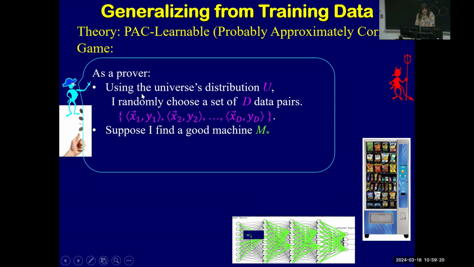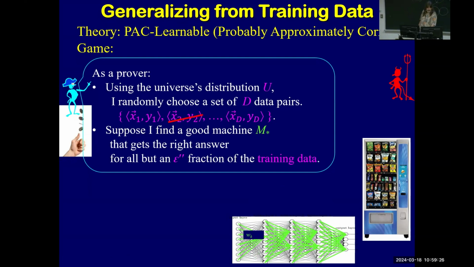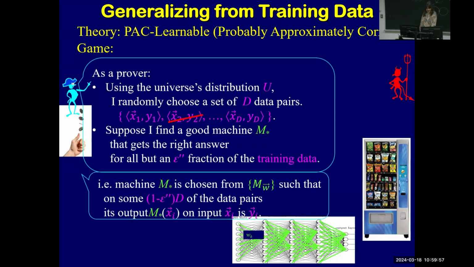So the oracle here is assuring me that I have a good machine. And what do I mean by a good machine? We could say on most training data it gets almost the right answer, but here we're going to talk about getting exactly the right answer on all but some epsilon fraction of the training data. Everybody buy that? So we're assuming this is the case.